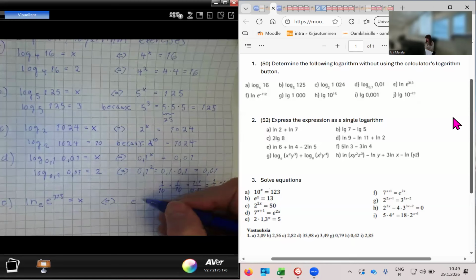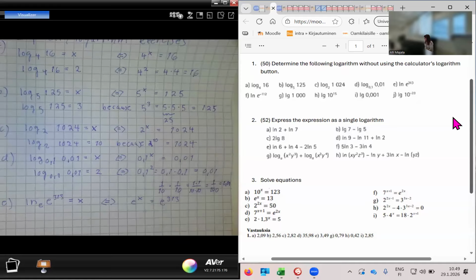Well, e to the power of x is e to the power of 313. You can try it like that. So obviously the x should be 313, because the ln was the log base e.